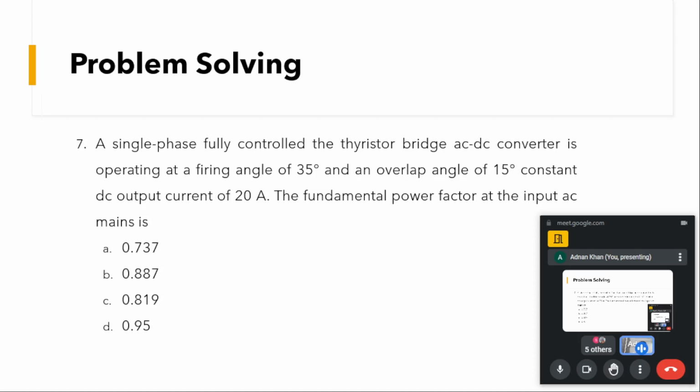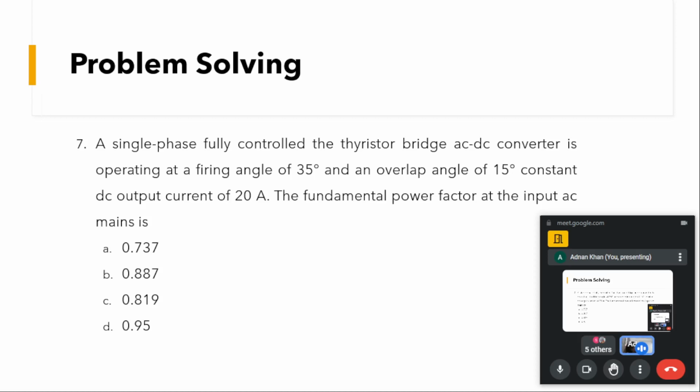We have a single phase fully controlled bridge AC-DC converter, and the firing angle alpha is given to us, that is 35 degree. Also given is the overlap angle, that means there is some source inductance, because due to the source inductance there will be commutation or overlap, and that overlap angle is given to be 15 degree, and constant DC output of 20 amps.